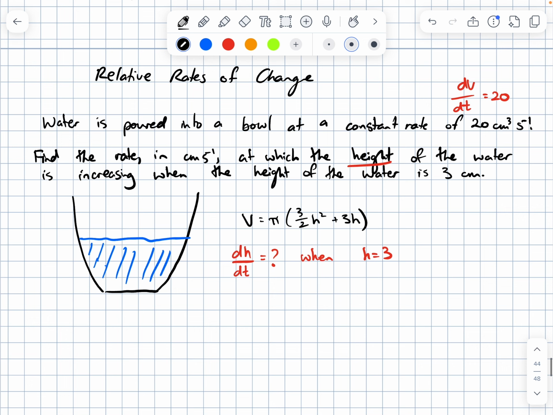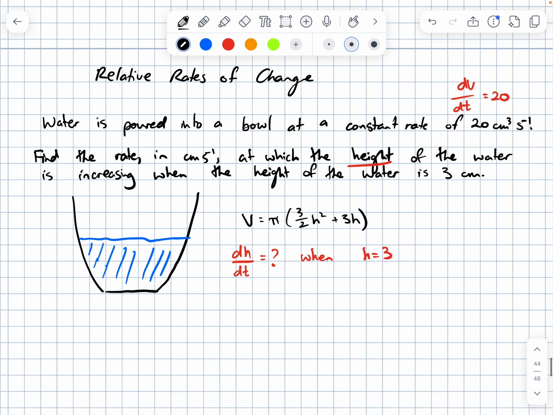Now we're not going to use that H equals 3 until the very end, because if we set it now, we're now dealing with constants, whereas we want to be dealing with variables and then substitute H equals 3 at the end. So we need to write an equation for dH dt.